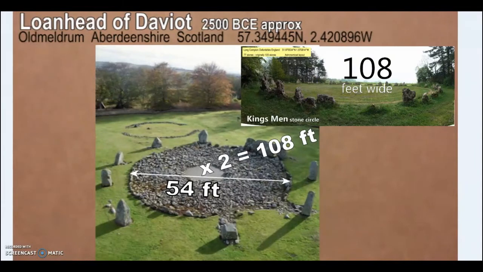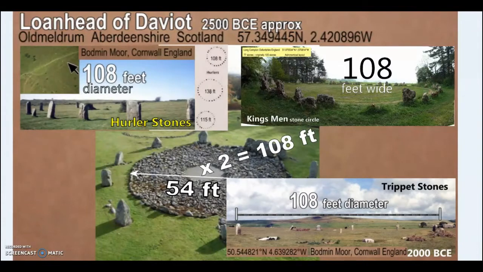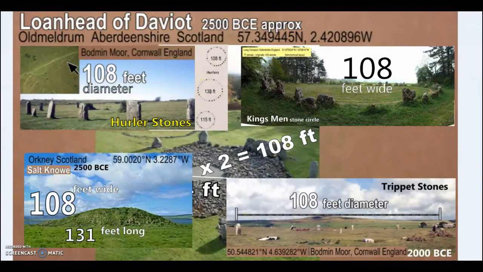It's 108 feet wide. Tríplet stones, 108 feet wide. Hurlers stones, 108 feet wide, including, and these other measurements I'll also feature in later episodes, because again, you're finding these cross-time, cross-culture across the world, but 108 feet. Salt No, 108 feet wide up there, not so far away in Orkney.